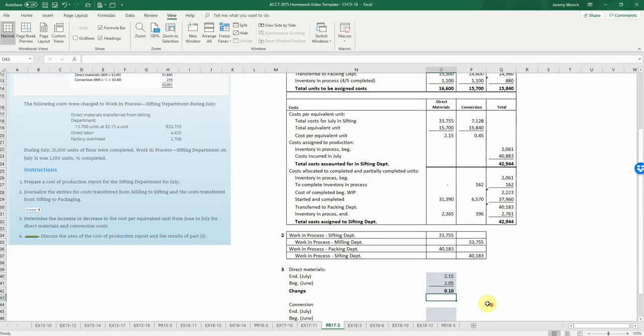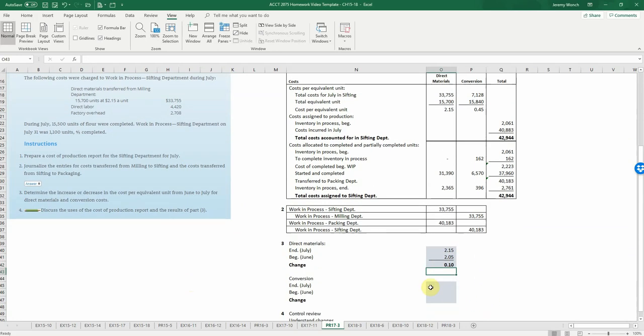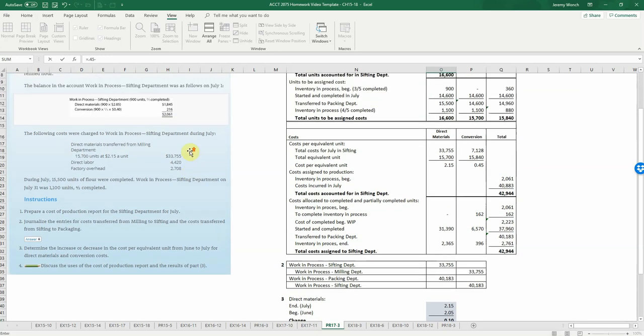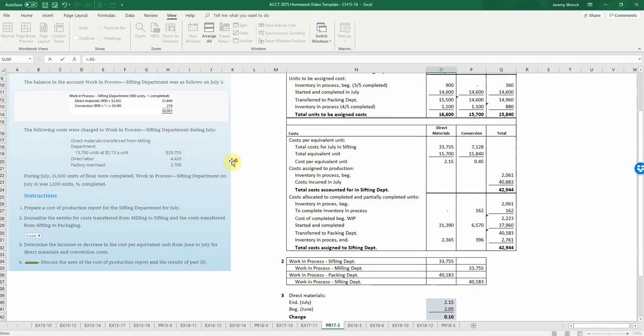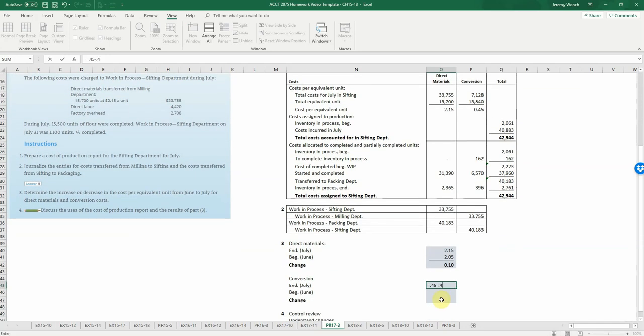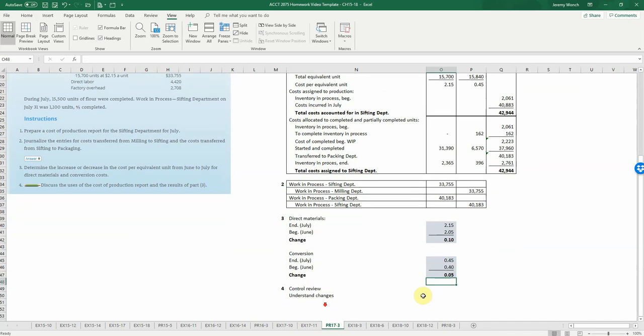So cost went up by 10 cents per unit during July for direct materials. And for direct labor, so we had 45 cents, and the prior month had 40 cents. So our conversion costs also went up by 5 cents a piece.